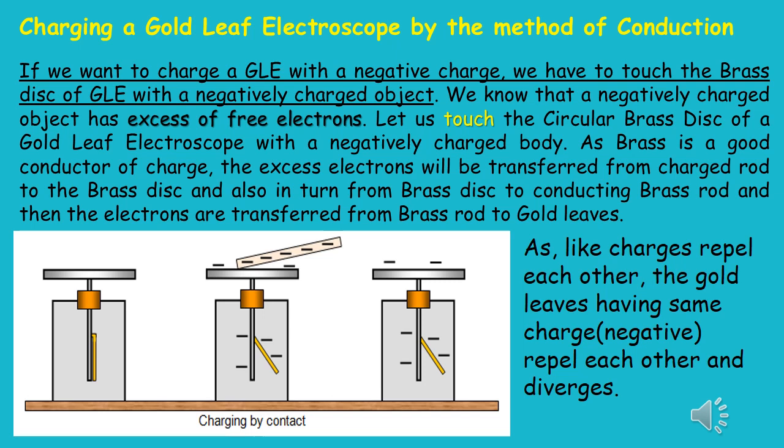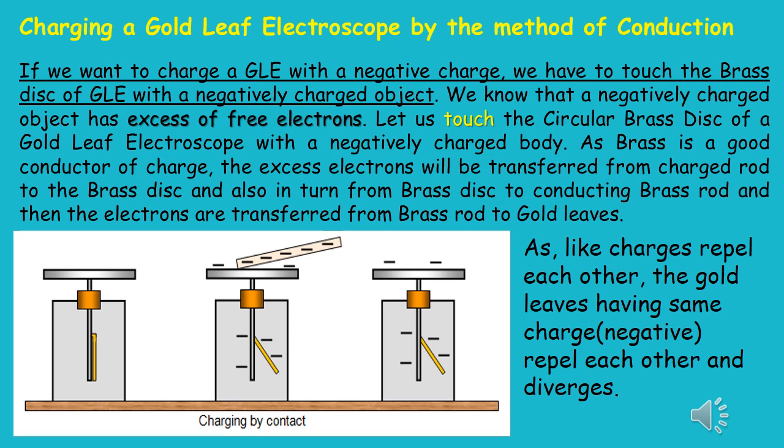When we touch the circular brass disc of a gold leaf electroscope with a negatively charged body, as brass is a good conductor of charge, the excess electrons will be transferred from the charged rod to the brass disc and also in turn from the brass disc to the conducting brass rod, and finally these free electrons will be transferred from brass rod to the gold leaves. Because the brass disc, the brass rod and the gold leaves all are interconnected.